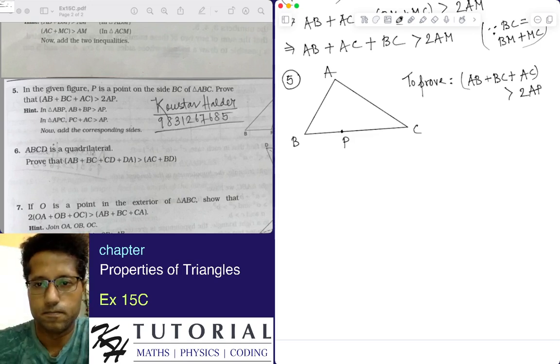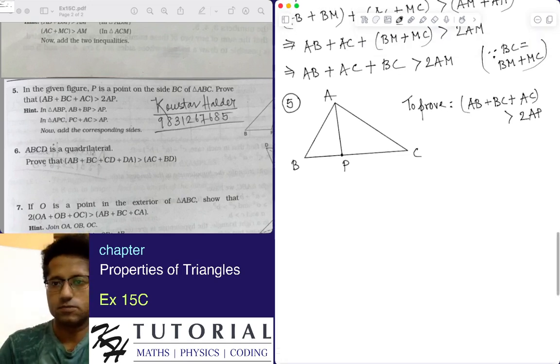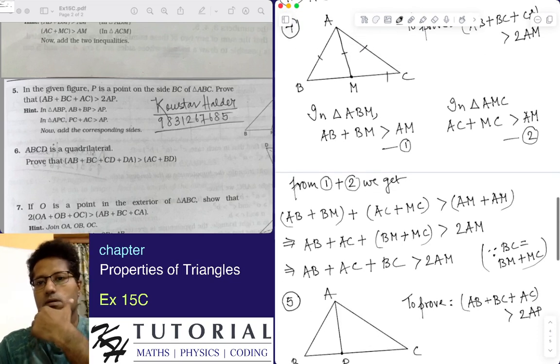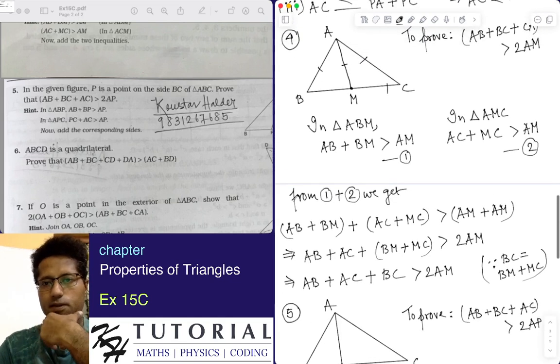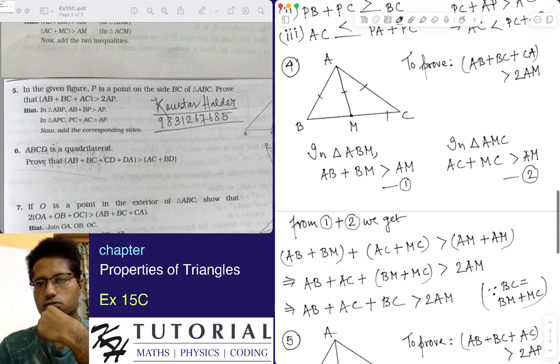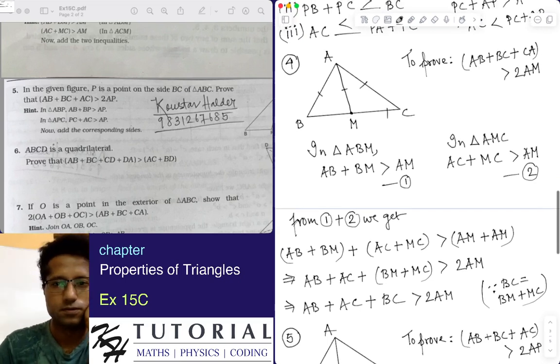Now P is any point on the side BC. In the previous problem it was given that AM is the median, that is, M was the midpoint of the side BC, even though this fact was not used in solving the problem.